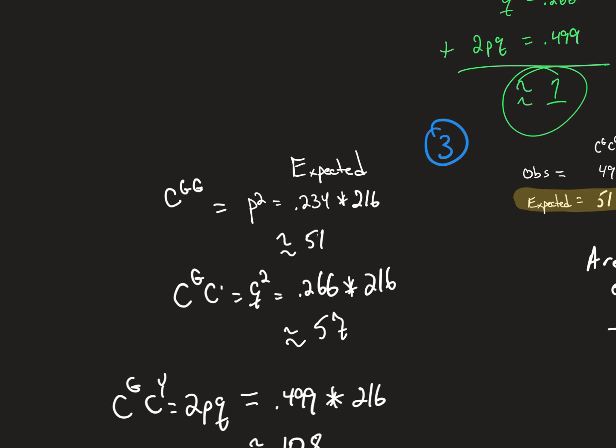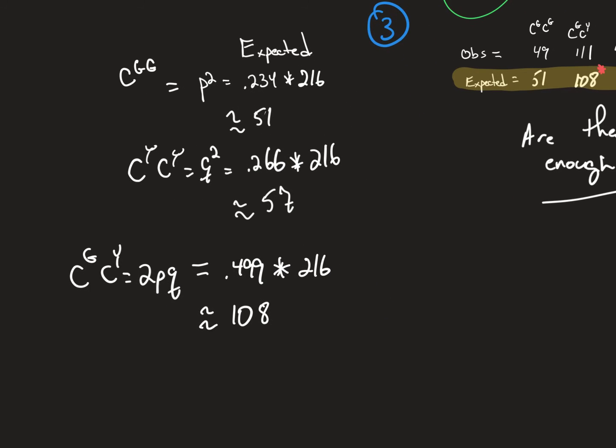This should be CY CY. Q squared should be about 57. And then the CG CY should be about 108. That's P times Q times 2, right? That's 108.